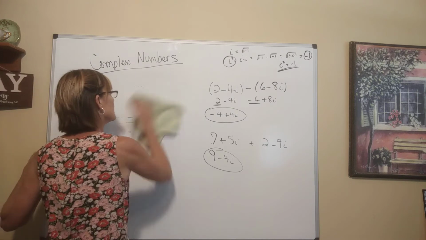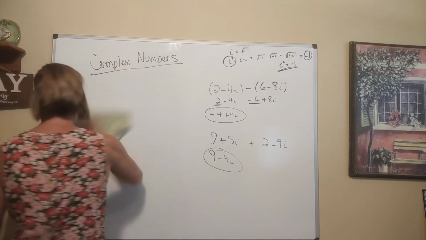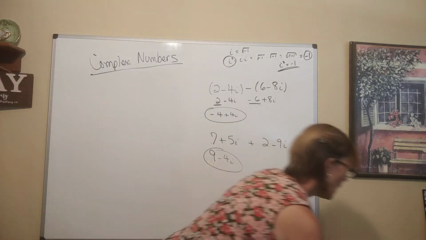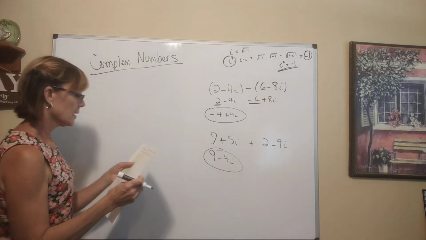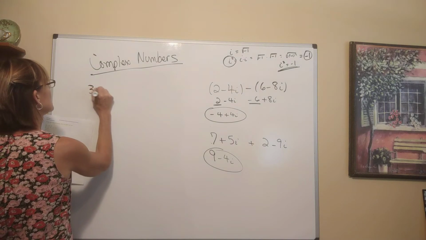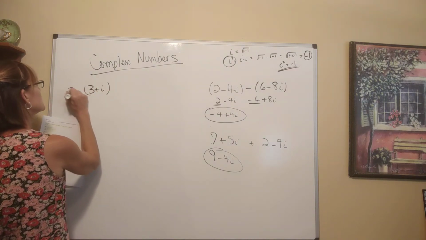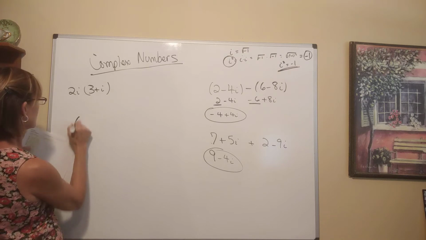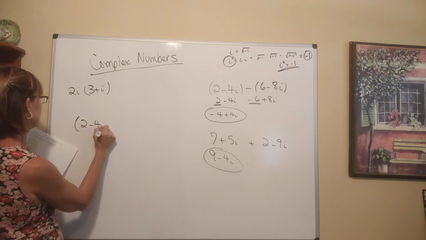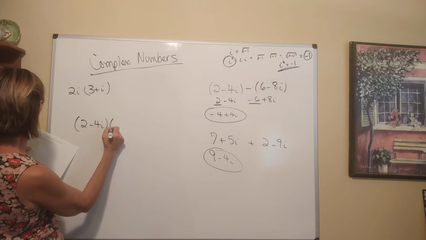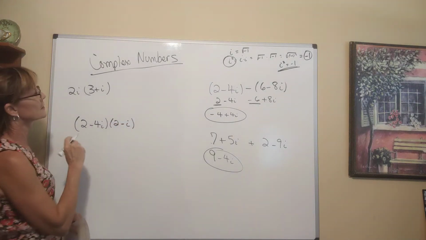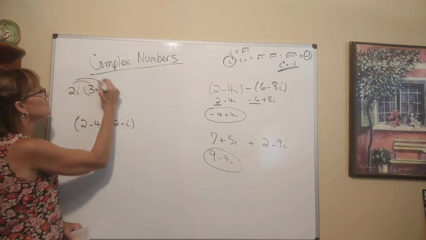What if we're multiplying, let's say, 3 plus i times 2i? And then what if we've got 2 minus 4i times 2 minus i? Okay, let's do these first. This term will distribute to this term.